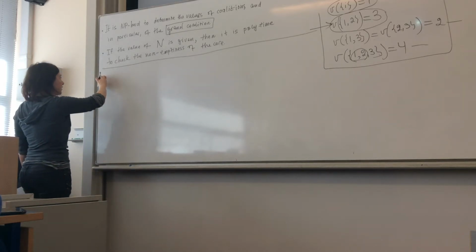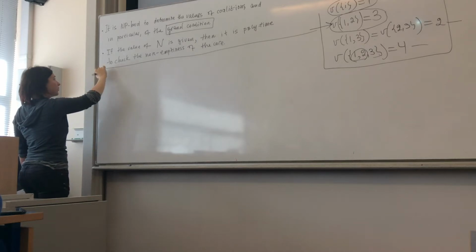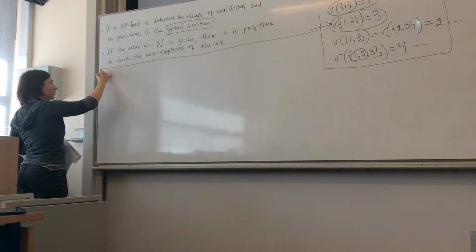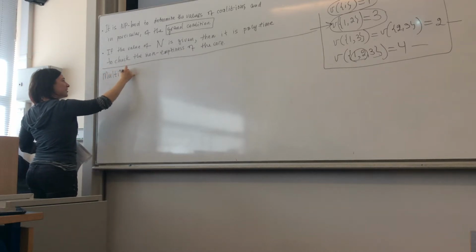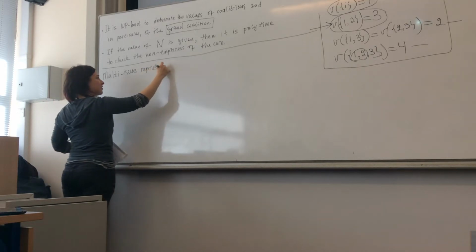Let us look at one more representation, and this one is already multi-issue, and actually you probably will tell me why. This is already sort of fully expressive, and it's called the multi-issue representation.